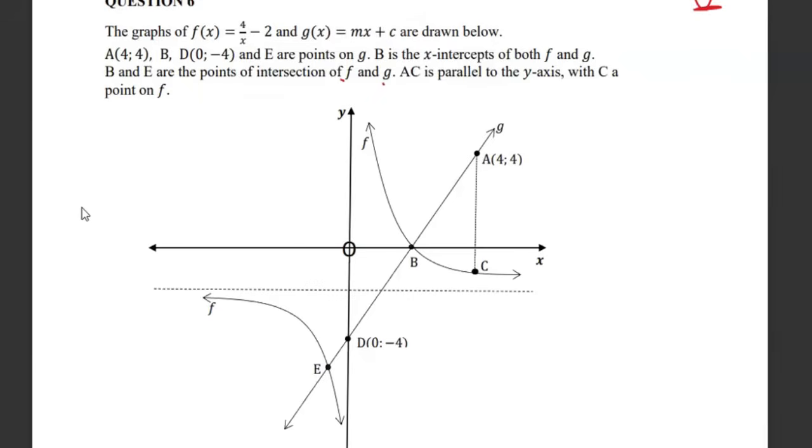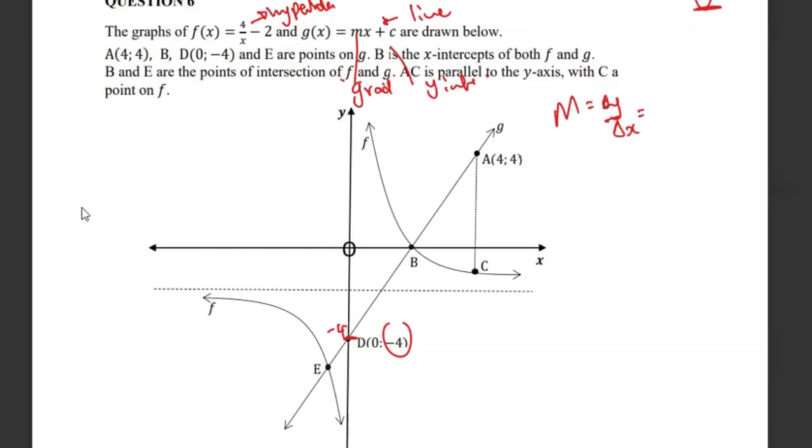What do m and c stand for? This 4 over x represents a hyperbola, and mx plus c is a straight line. With a straight line, m represents the gradient and c represents the y-intercept. We already have the y-intercept as -4. The only thing we need is the gradient. How do we find the gradient? We say change in y over change in x.